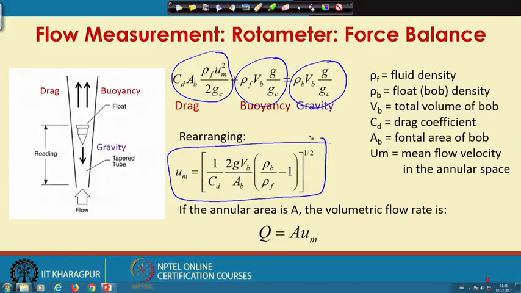So, we have got the mean flow velocity. If I know the annular flow area, let us call it A, the volumetric flow rate Q will be A times u_m. So, flow area multiplied by the mean velocity gives me the volumetric flow rate.